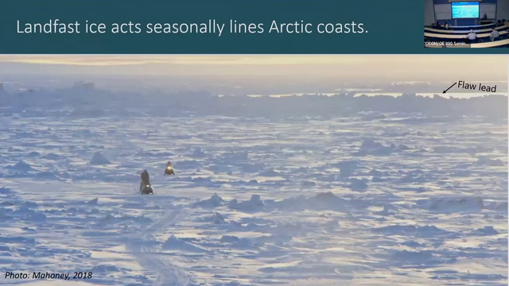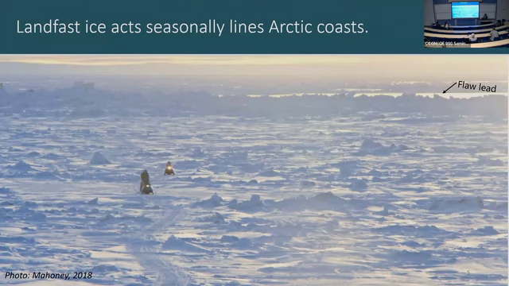Part of the system is the landfast ice that we saw on the first slide. It's called landfast ice because it becomes grounded on the shallow seafloor near the coast. And so it acts like an extension of the coastline because it stays there for many months throughout the winter, depending on where we are. This acts as a really important interface for ecosystems, but also for the local communities to travel and hunt throughout the winter.